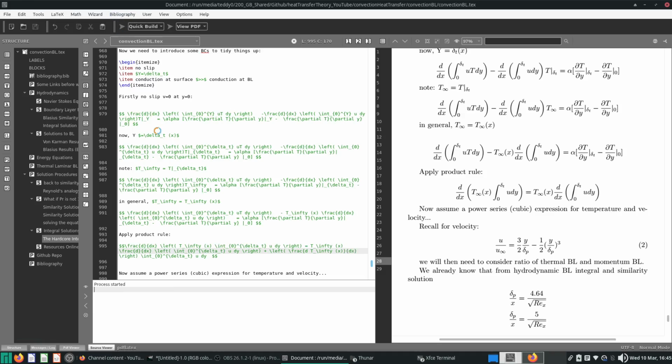So this is a more general case rather than the way we derived it the last time round.